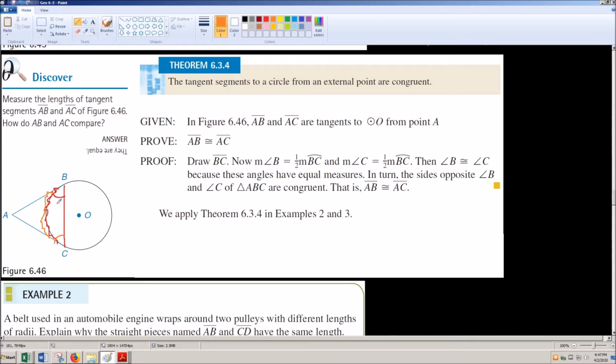It means those two angles are congruent. So now I've got angle B and angle C are the same. If angle B and angle C are the same, and we're looking at a triangle like this, then I know that these line segments are the same. This is an isosceles triangle. I mean, it's possible it's equilateral, but we just want to assume that it's isosceles for now. We wouldn't be able to conclude that without knowing this angle here.